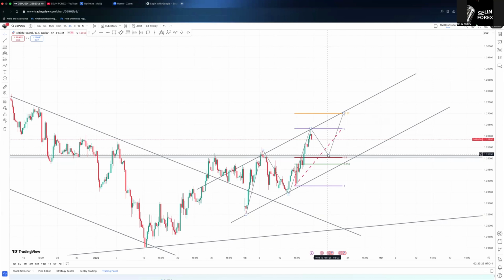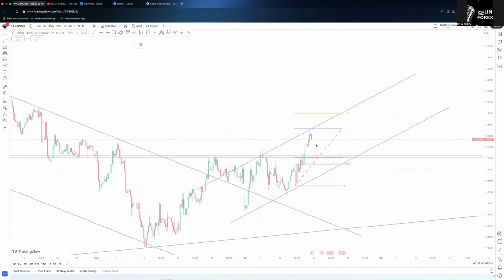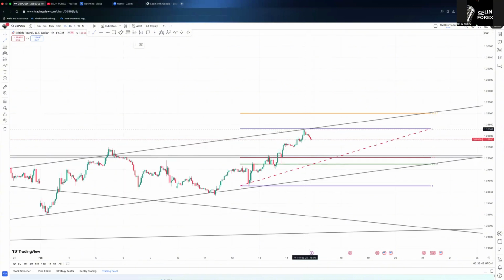Now, another thing that we can also look for in order to find a perfect entry setup: in this 4-hour time frame, let me delete this higher high and higher low market. Now, let me bring out a little bit of trend line again. This is the 1-hour time frame.